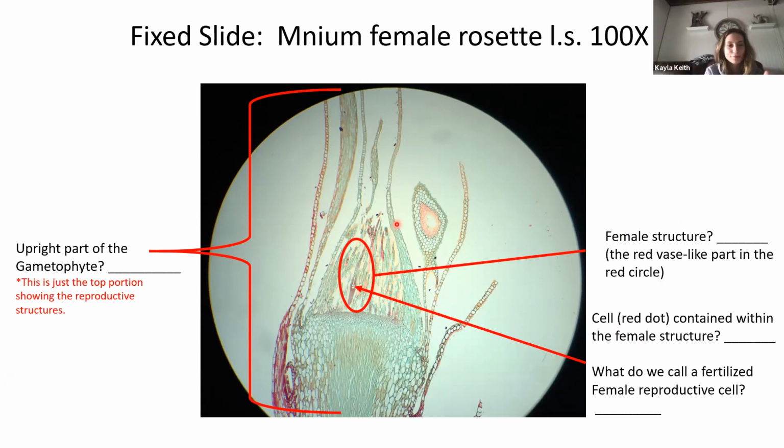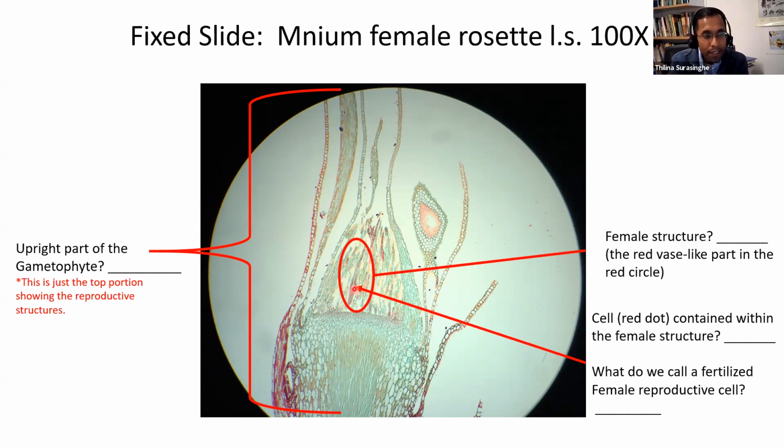It holds the egg in the female. Start with the letter A. Archegonium or archegonia, right? Guys, I know as an ecologist, animal biologist, the words are extremely painful, but we get used to it.